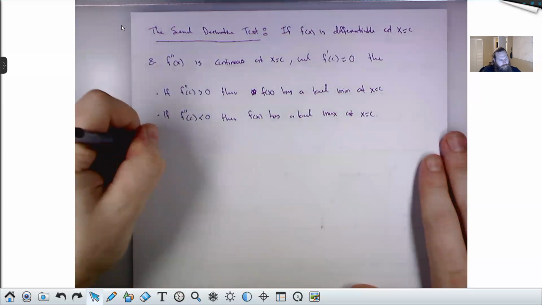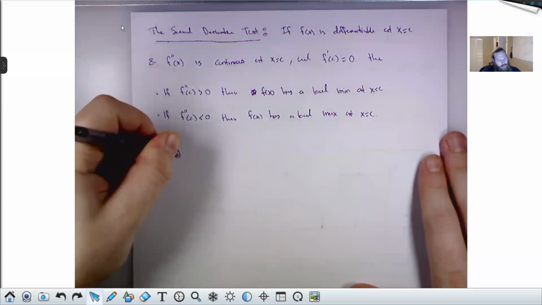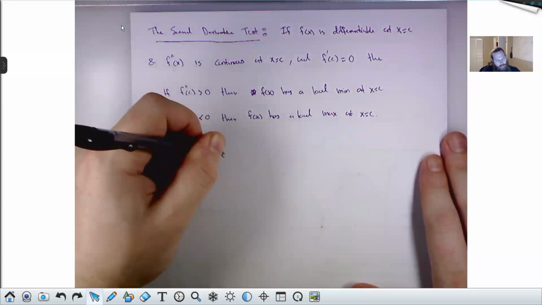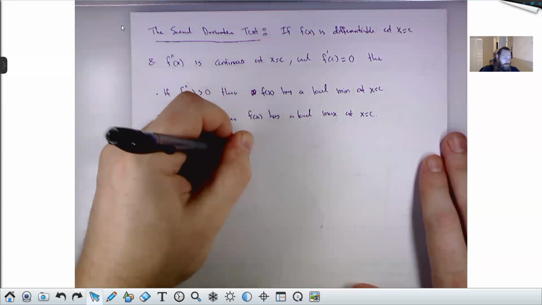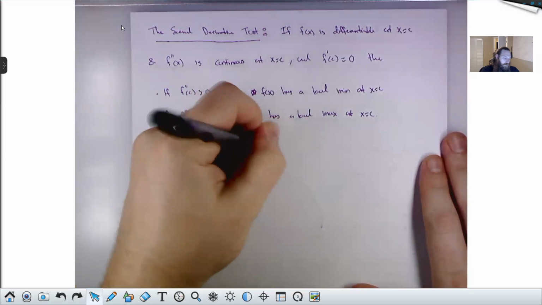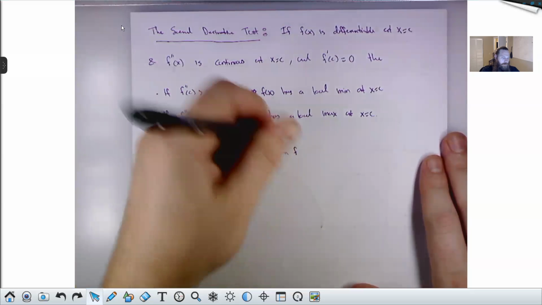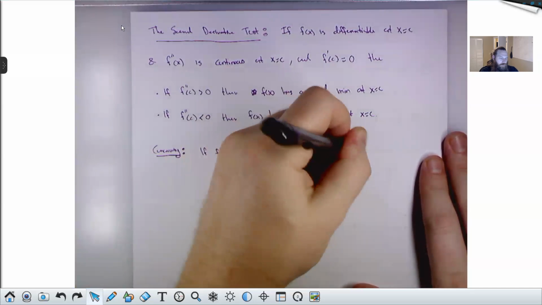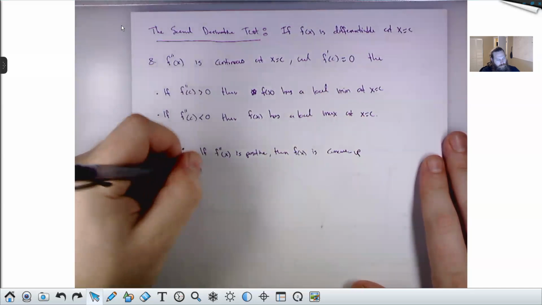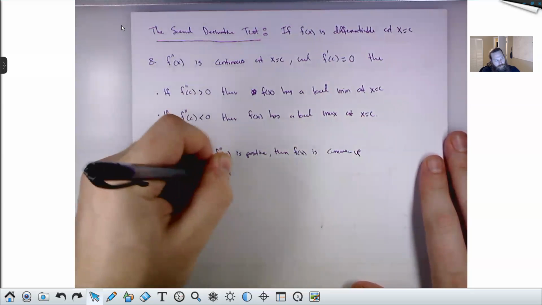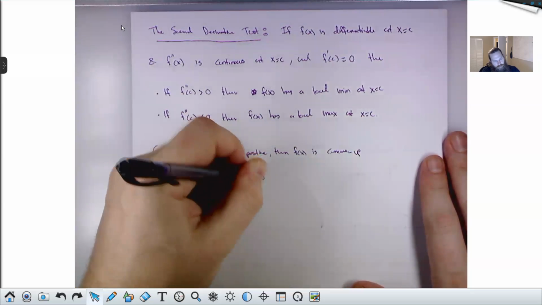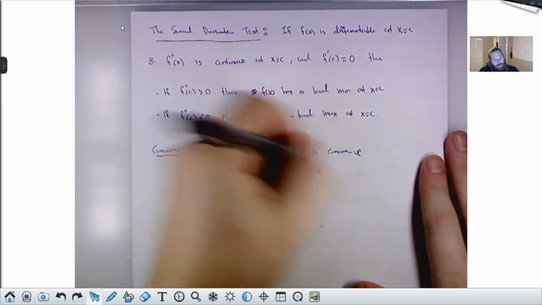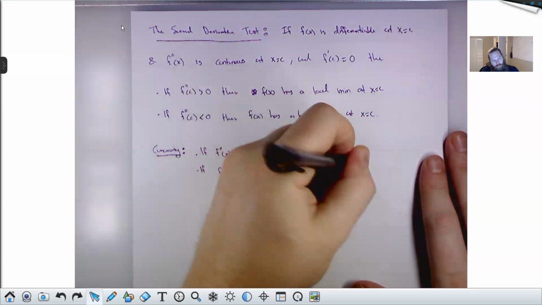Basically, I'll show you concavity. If f double prime of x is positive, then f of x is concave up. And if f double prime of x is negative, then f of x is concave down.